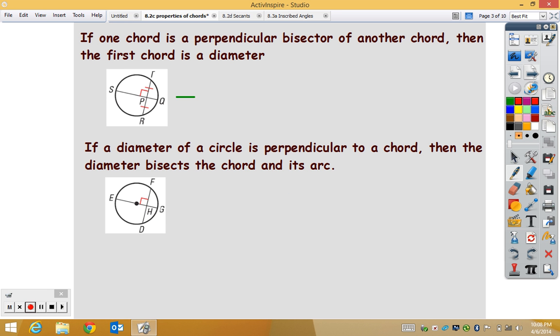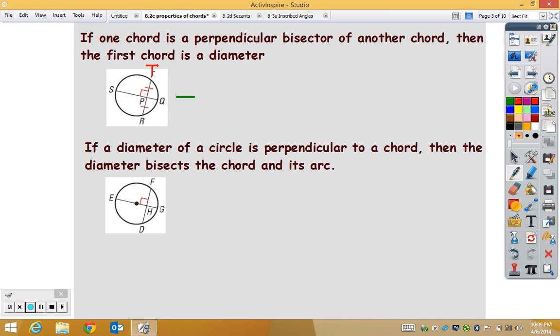If one chord is a perpendicular bisector of another chord, then that first chord is a diameter. So we see here SQ bisects TR, and it also is perpendicular, so it's a perpendicular bisector, so we can say SQ is a diameter.